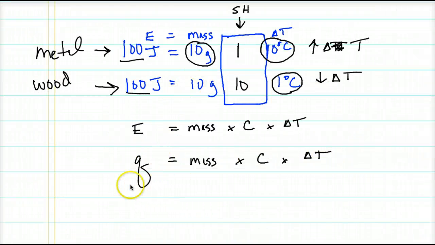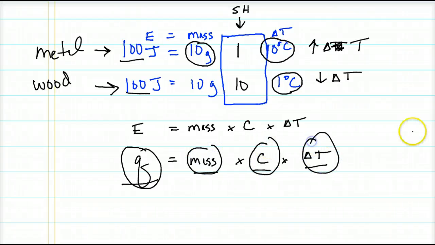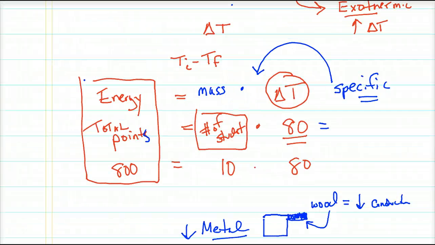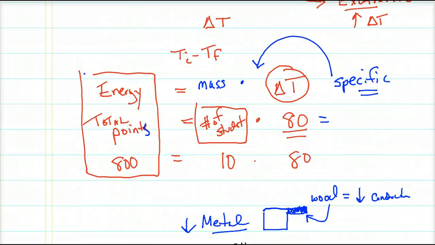So here it is. Here is our equation. Q equals mc change in T. Now, what gets confusing is people don't know what mass of what compound, what specific heat of one compound, or change in temperature of another compound. And if you notice the drawing that I gave you, okay, water is always going to be our environment. So we're always talking about water. So if it's the Q of the water, it's always going to be the following.